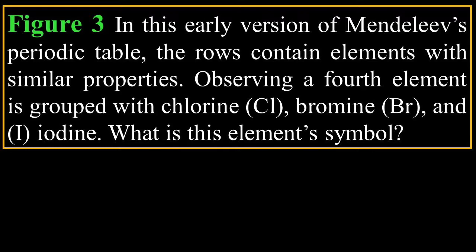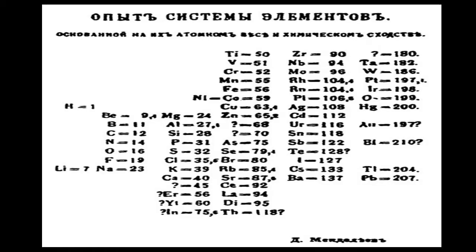Okay, let's look at Ti 50, and let's look at a fourth element grouped with chlorine, bromine, and iodine. Here's Ti 50: titanium, vanadium, going down to chromium, magnesium, and then you have chlorine, bromine, and iodine.